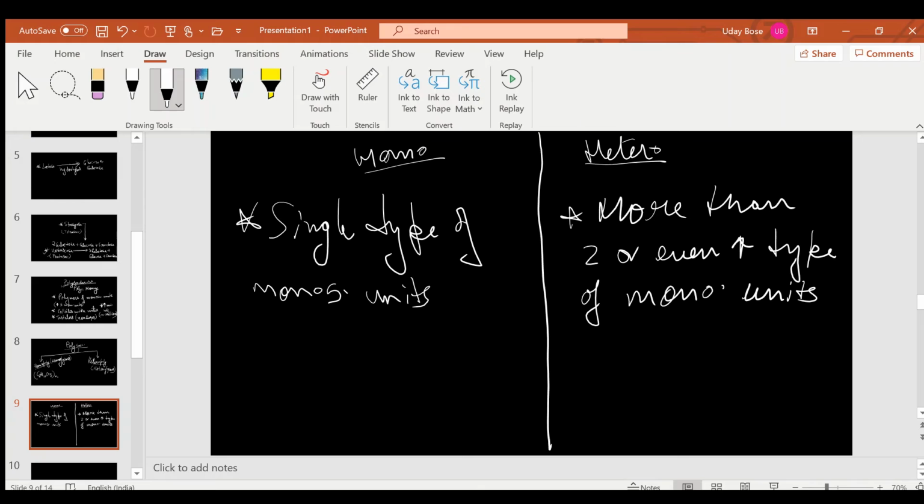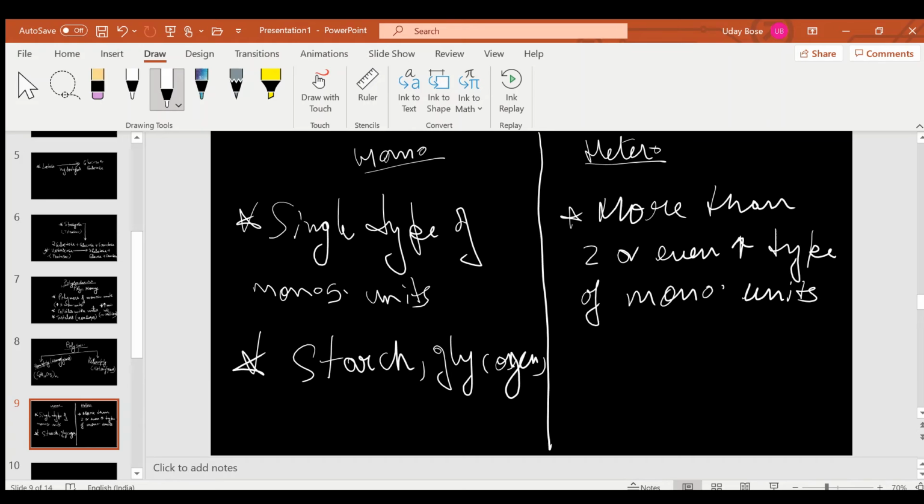And if I give you some examples of homopolysaccharide, then I would definitely mention starch. It is the reserve food in plants. Then glycogen, it is the reserve food material in animals.